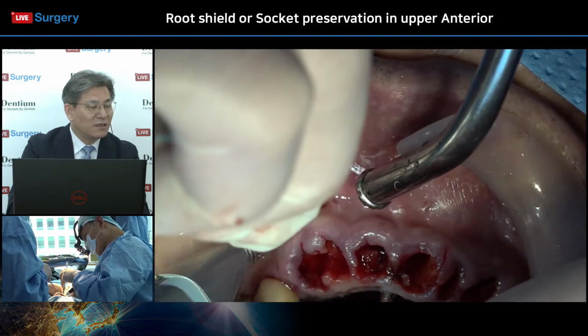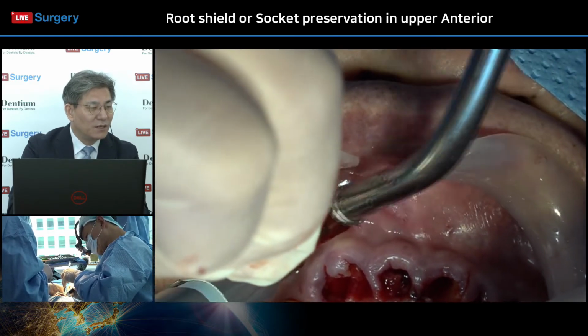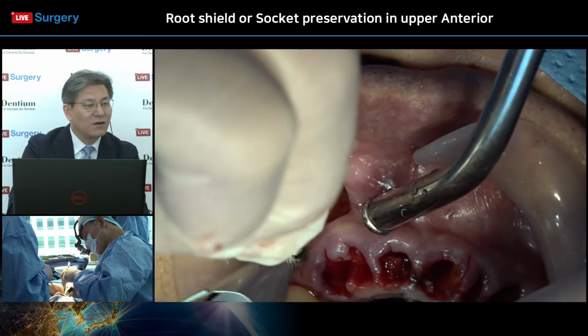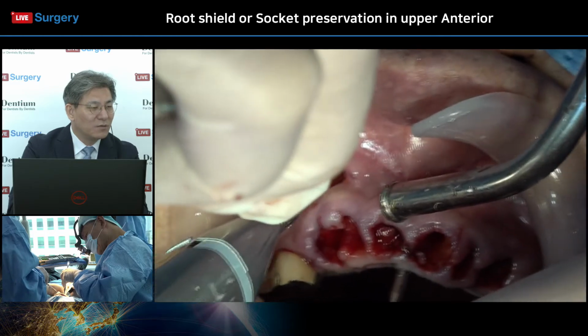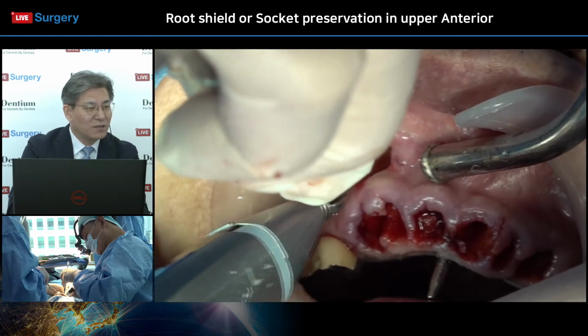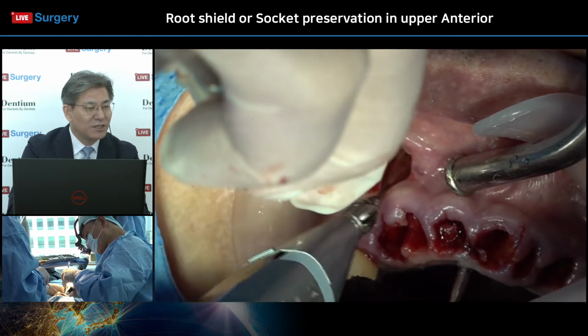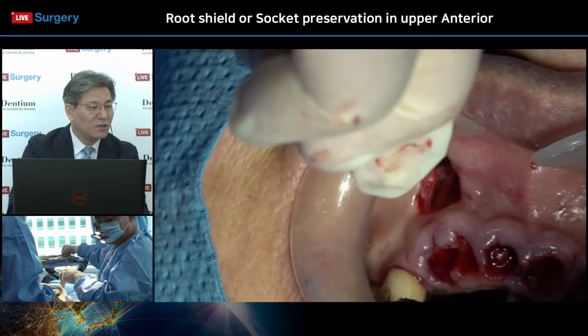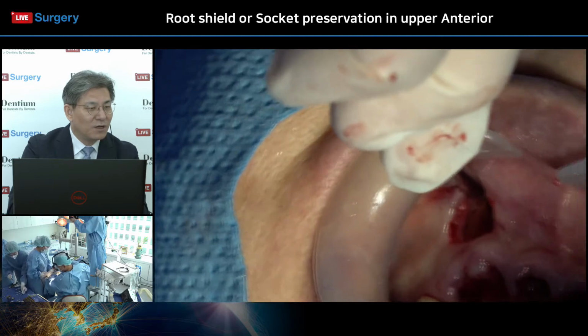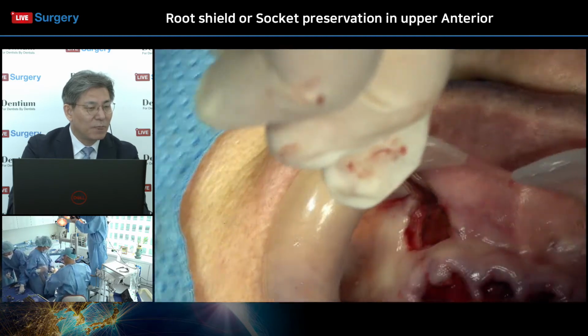The ordinary thickness is under 1 millimeter, as you know. And also the bundle bone, the top portion of the socket. So it means after extraction, the resorption process of the labial socket wall simultaneously starts.